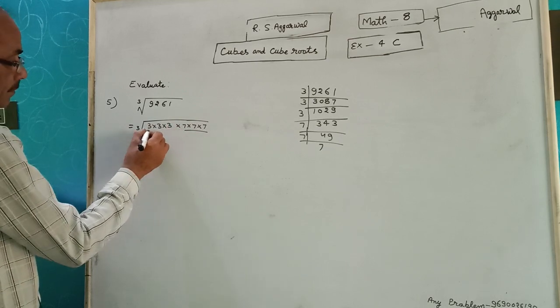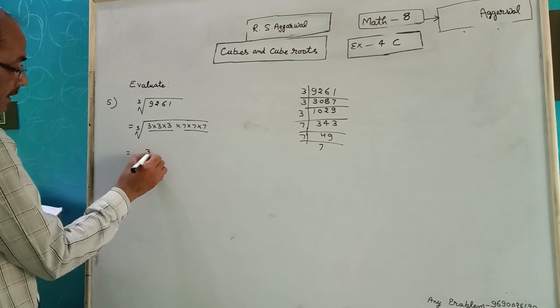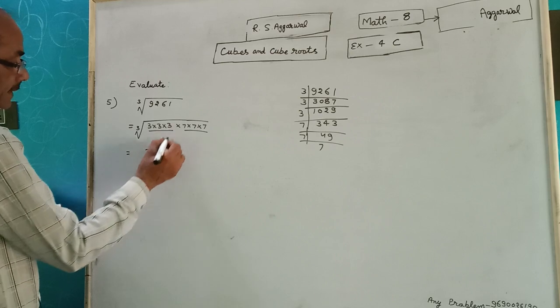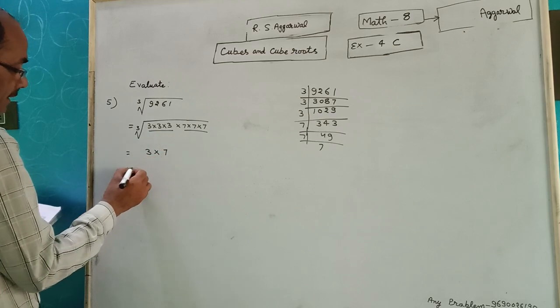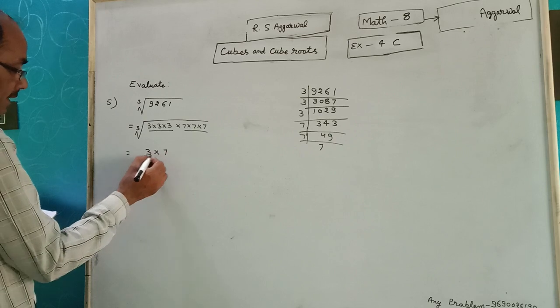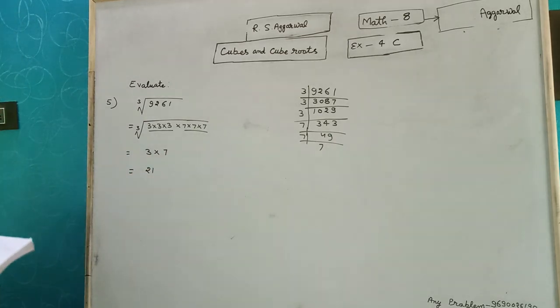Make the pair. Pair will be same is 3. First pair from the 3, second pair is come from the second pair. 7 2 is 7 3 is 21. 21 is cube root of 9261.